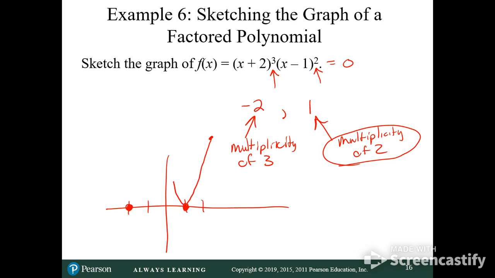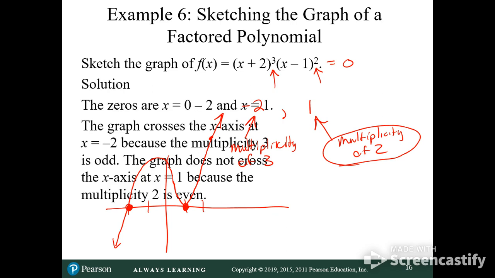It's not going to cross the x-axis. If it has an odd multiplicity, it's going to cross. Most of the time roots have a multiplicity of 1, so it's going to cross. But if it's an even number, it's going to bounce. So in general, the graph is going to look like this because of the multiplicities.